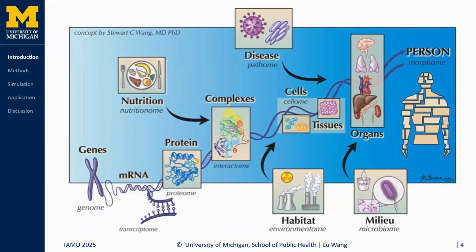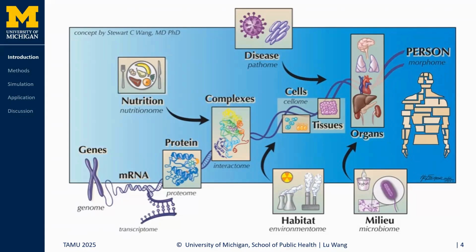This figure was created by one of my collaborators, Professor Wang. For a disease to happen, you may have internal factors from genes to proteomics, and maybe cells, tissues, and organs that can be visualized from CT images or MRI, where you can see some internal change, internal risk factors.